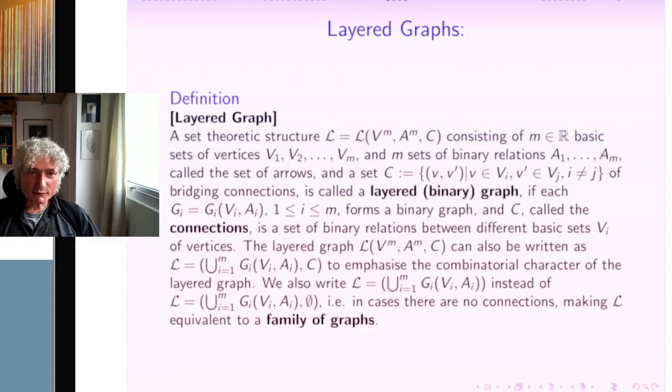But now you have, of course, the possibility that you have connections between these different directed graphs. This is constructed with this set C of bridging connections. C is for connections, and these are binary relationships between vertices of these m different graphs.